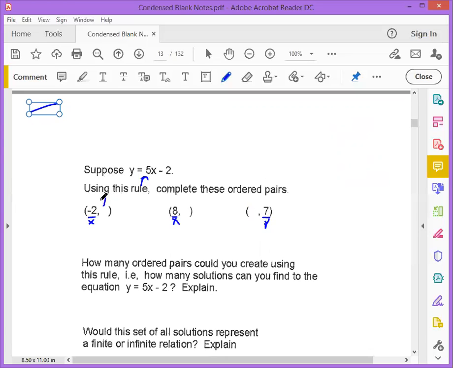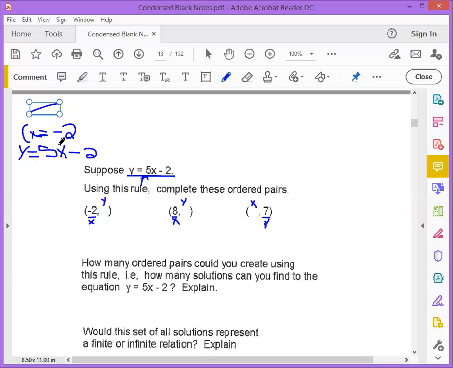So in the first example, we're solving to find y. In the second one, we're solving to find y. And in the third one, we're solving to find x. So let's start with the first ordered pair. If we have x equals -2, we want to use our rule, our equation that was given to us at the beginning, y equals 5x minus 2.